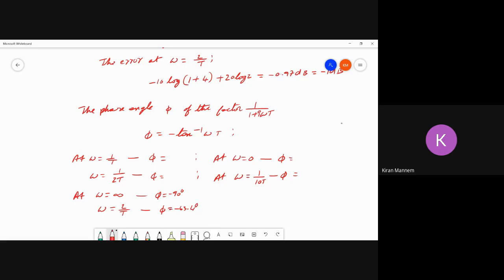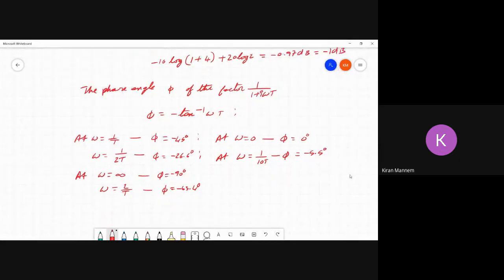So if you calculate other values, it will be minus 45 degrees, minus 26.6 degrees, and then it will be 0 degrees, and for 1 by 10t it is minus 5.5 degrees. So this is how you can have the phase angle values of 1 by 1 plus j omega t.